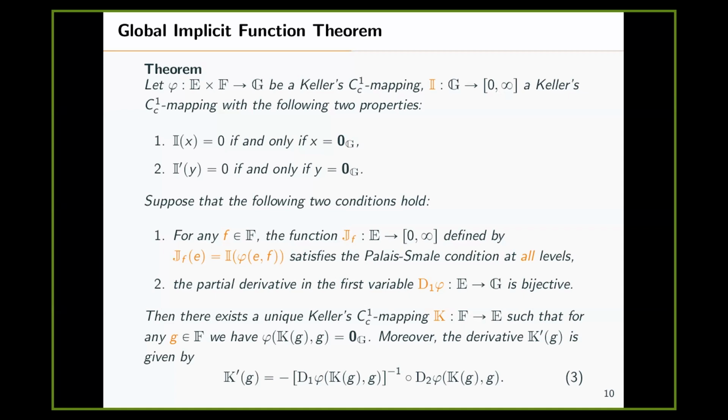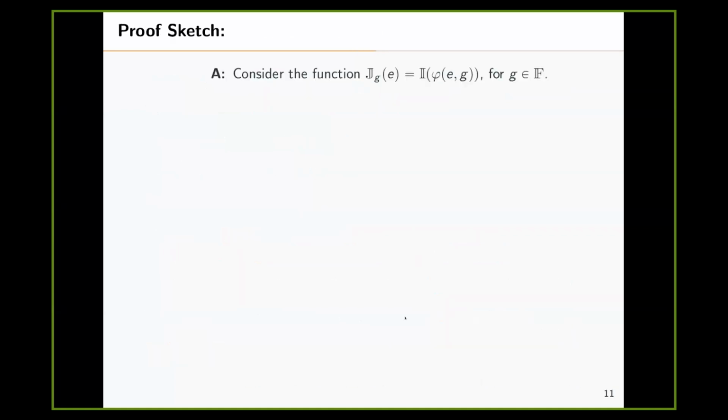Okay, now the rough idea of how to prove it. For a given g, we associate this function. It is bounded below, and it satisfies the Palais-Smale condition at the infimum.